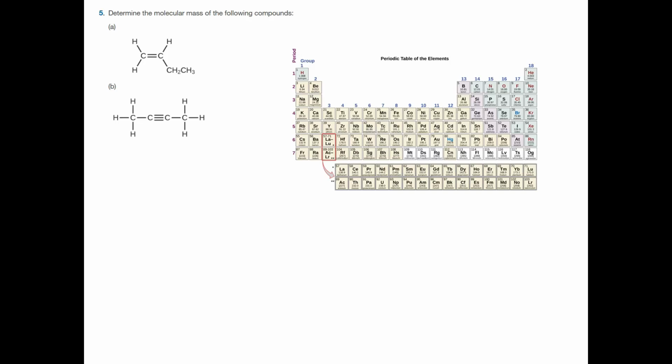Here's another one. It says determine the molecular mass of the following compounds. So what I like to do is get a nice, easy to follow formula. So we've got 1, 2, 3, 4 carbons here. And then we've got 1, 2, 3, 4, 5, 6, 7, 8 hydrogens. So this is going to be 4 times 12.01 plus 8 times 1.008.